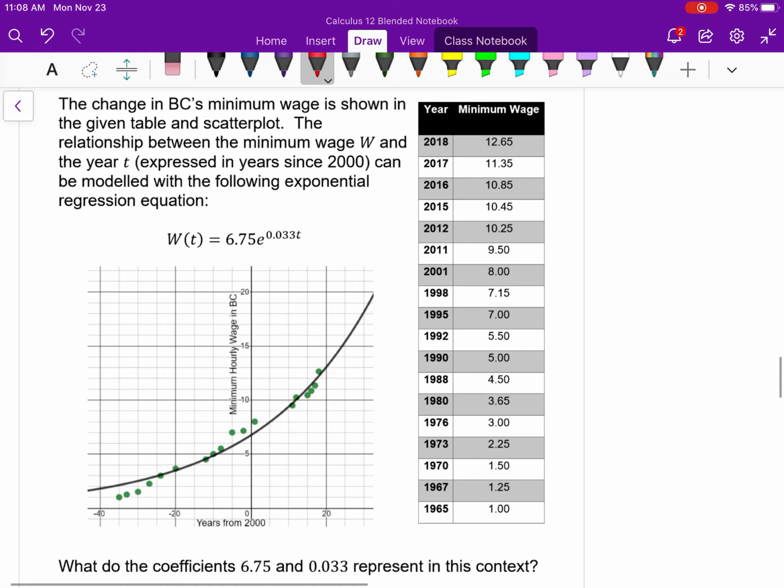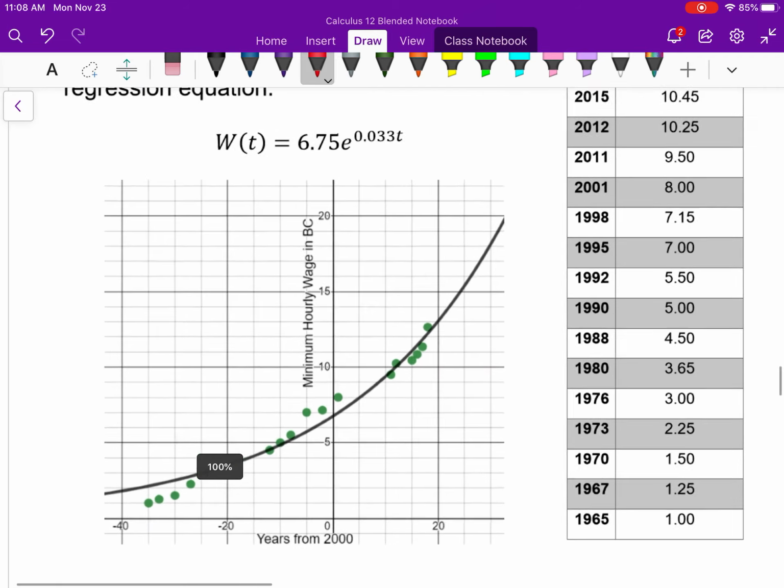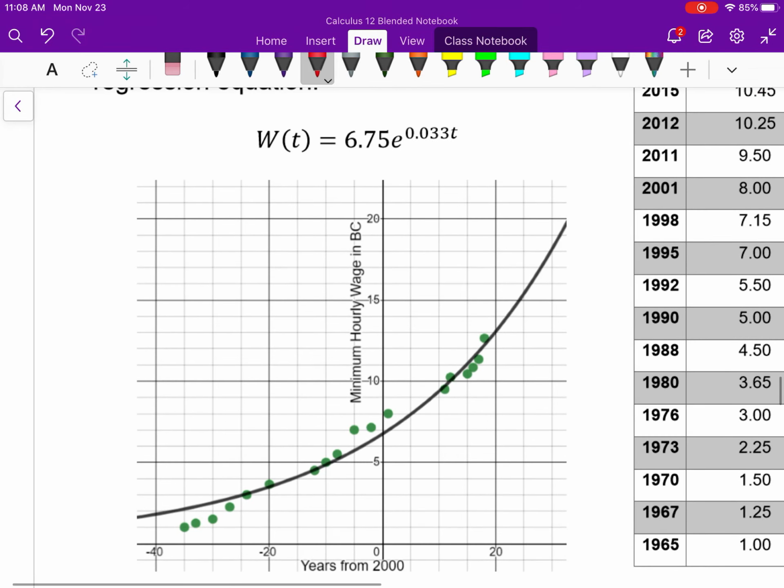So the last question has to do again with a regression equation that I've just found for you. So what I have here is the data for the minimum wage in British Columbia from 1965 to 2018. And you can see here a scatter plot. The green points are the data, where I've set up my x-axis as years from 2000, just because it's kind of a nice number to deal with. And the y-axis is the minimum wage in those years.